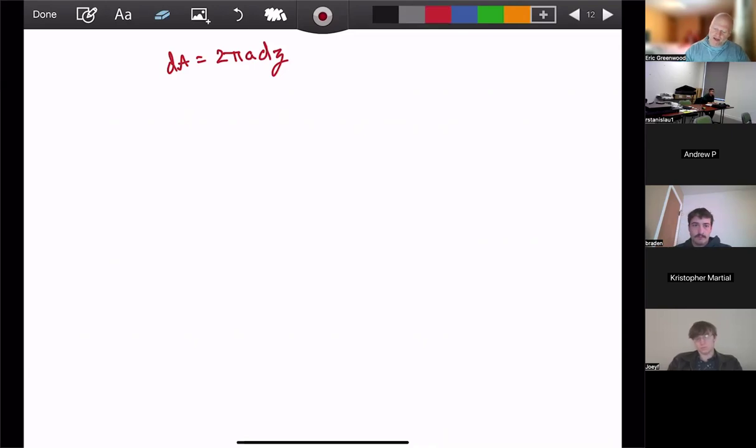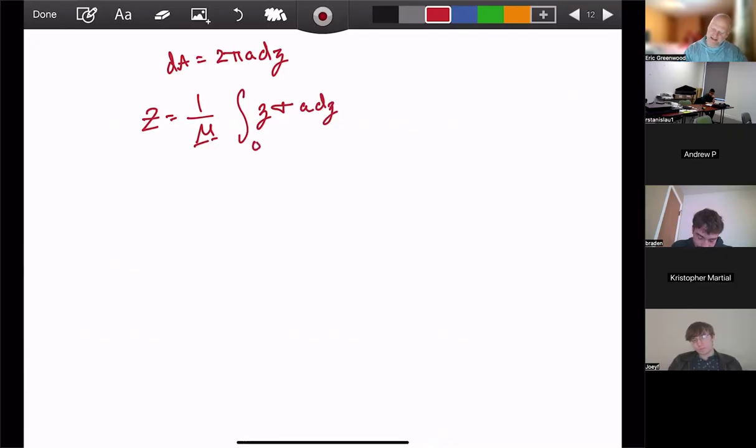So good. Now we can write our z. Our z is going to be equal to 1 over the total mass, and then the integral of the z location. Since we're doing an area integral, this is going to be sigma, the surface mass density, times a times dz. And just like last time, we're going to integrate this from 0 to a. So a is a constant, sigma is a constant, so we're going to pull all those guys out.